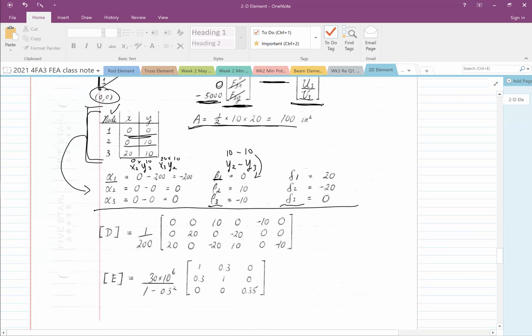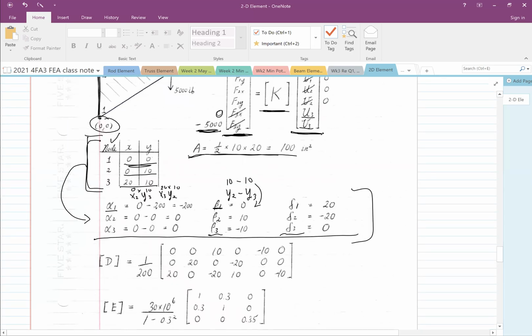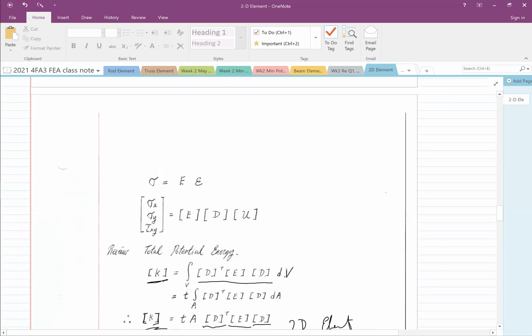And with that information you get the B matrix, because the B matrix is all constructed by the alpha, beta, and delta. I said that earlier.